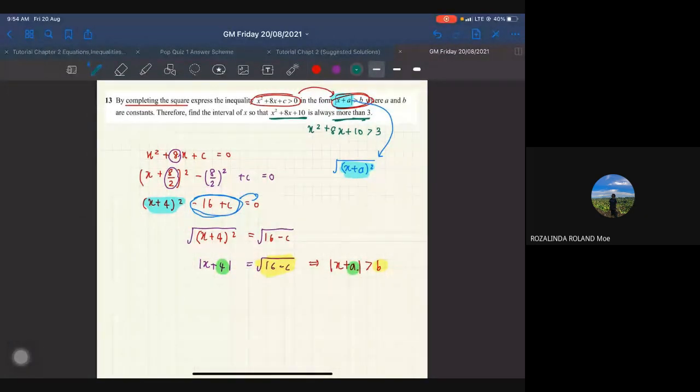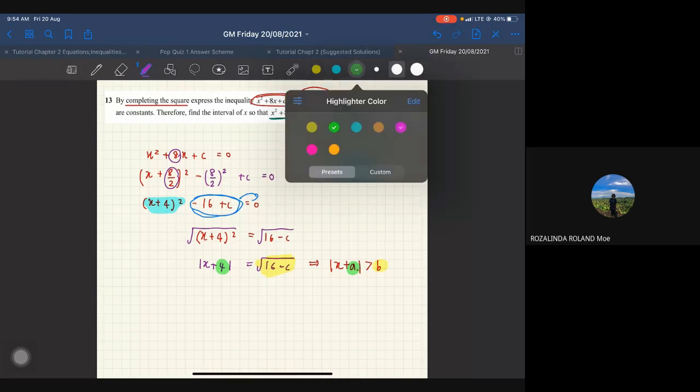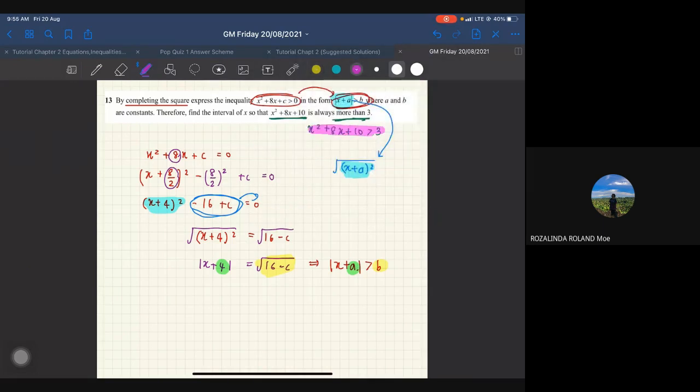Alright, so saya akan settlekan dulu this one. Saya akan pindahkan 3 ke sebelah kiri. So you will have x square plus 8x. Okay, and then 10 minus 3 is 7. Plus 7 greater than 0.